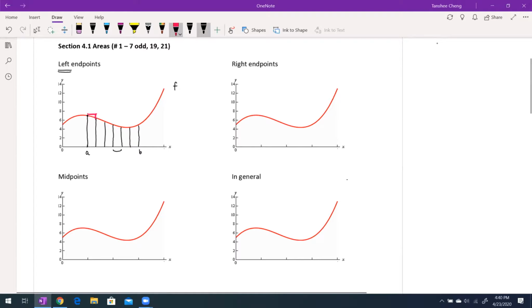And then for the next rectangle, using the left endpoint, I'll be overestimating this part. And the next will be right here. So you can sort of get an idea of what's going on. And then the next one, you will notice that all the red part that I drew becomes a rectangle. Those are basically what?